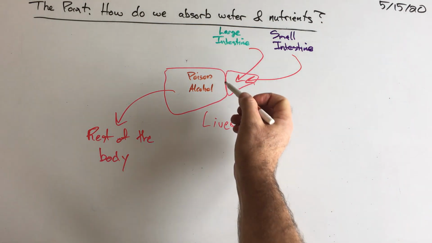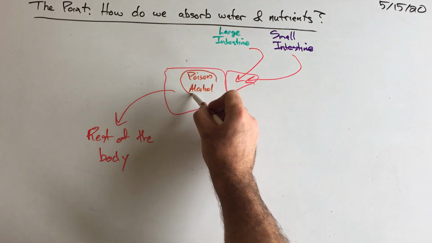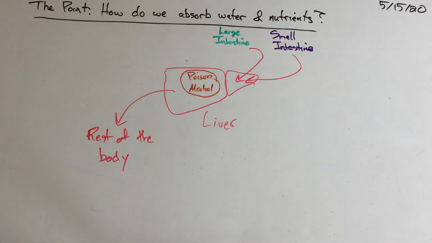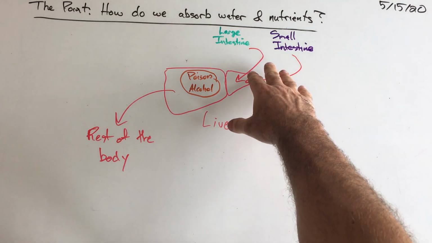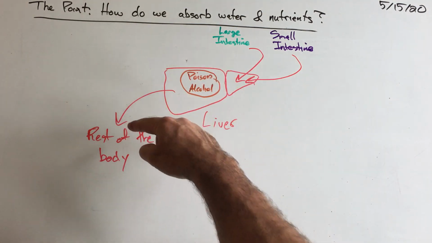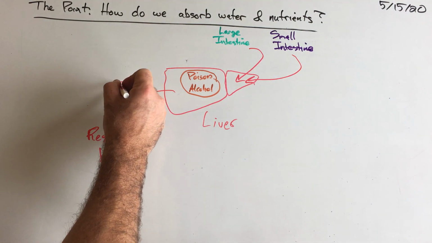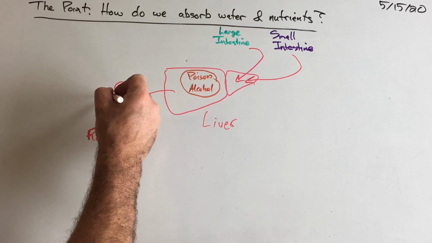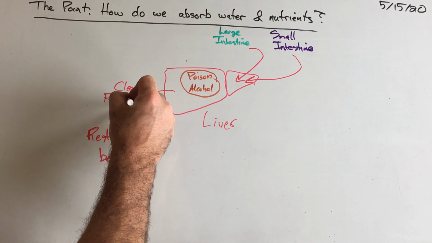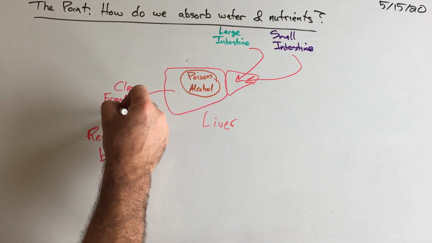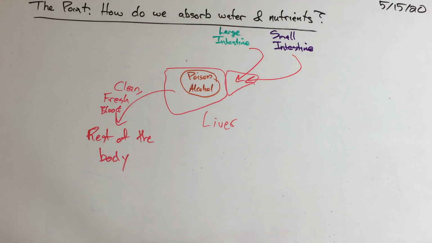So all the stuff that gets absorbed that shouldn't be in our body goes into the liver. And the liver pulls it out, and just nice, clean, fresh blood comes out of the liver, feeding the rest of the body.